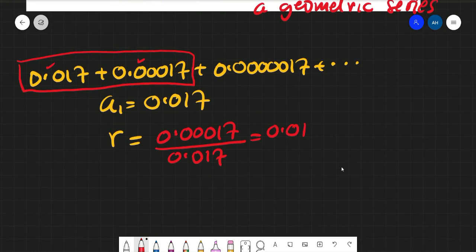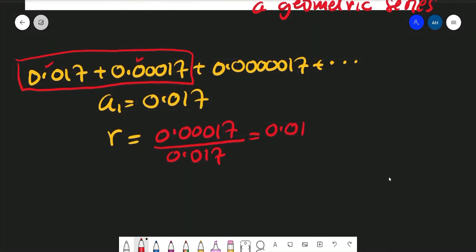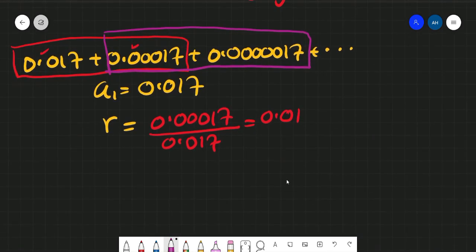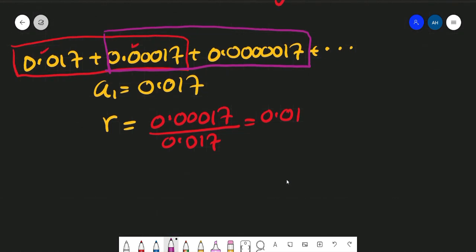Let's do another one and see what we get this time. We use the next pair: we divide 0.0000017 by 0.00017 and see whether we get the same r.